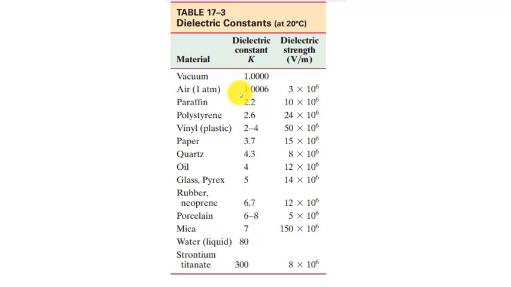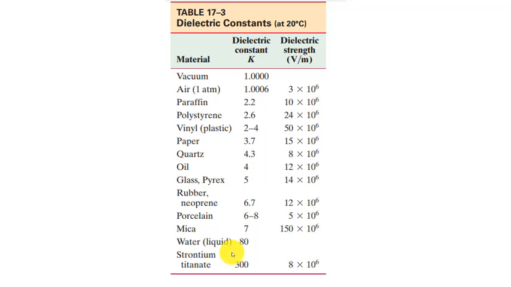So more charge is going to be stored in the battery. On the other hand, strontium titanate has a higher dielectric value in comparison to water, but strontium titanate is not abundant in the environment as compared to water.